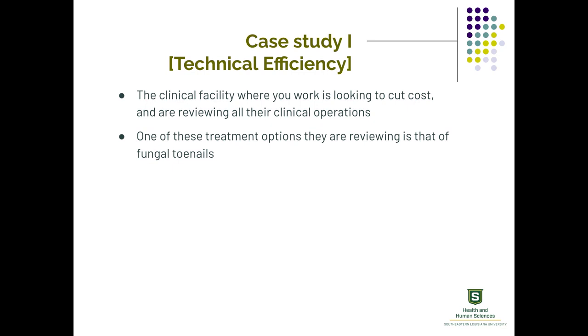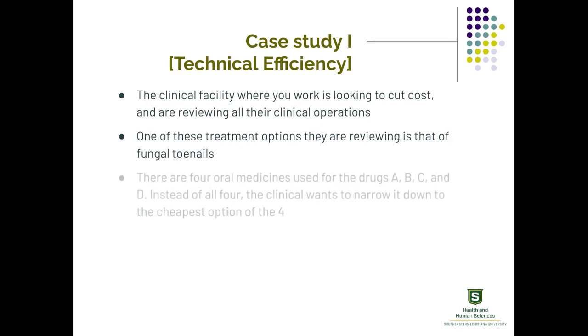You have drugs A, B, and C. What the hospital administration of the facility is looking at is what is the cheapest option of these 4 treatment options. Out of these 4, which one is the cheapest? Tell us which one is the cheapest, and we will keep the cheapest one, and then the rest of them we are going to stop putting money into and stop providing those services, right?